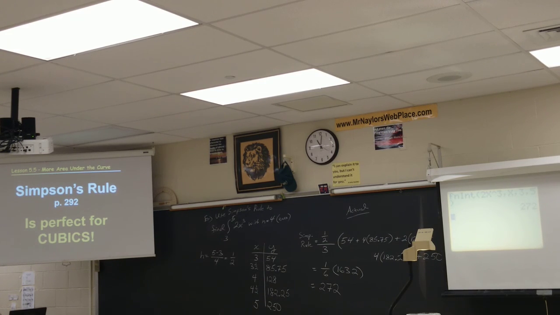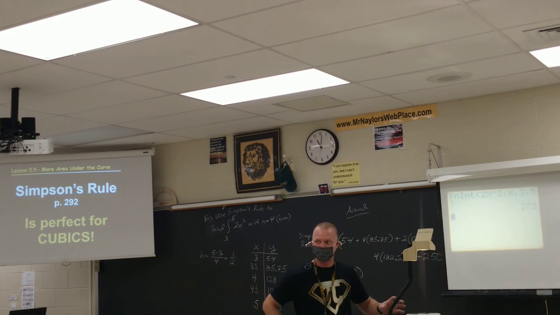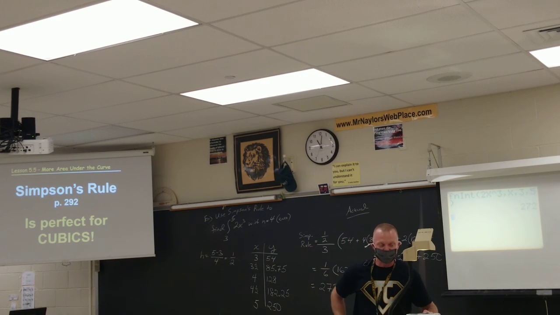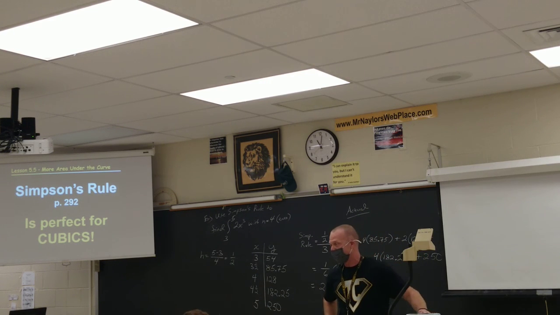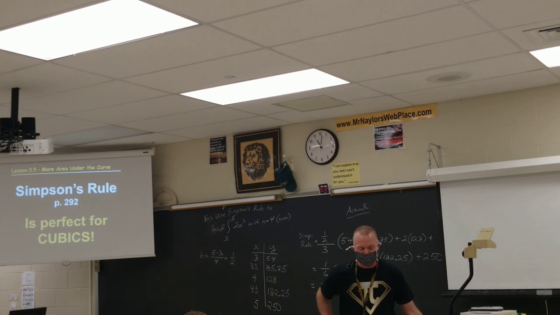So if you happen to have a function that's of the cubic variety, Simpson's rule is not really an estimation, but it's an actual value. It's funny, for parabolas, yesterday's problem, we don't have a perfect estimator. If it's a parabola, the trapezoid rule and or Simpson's rule will not be perfect, although it'll be close. But anyway, Simpson's rule is perfect for cubics.